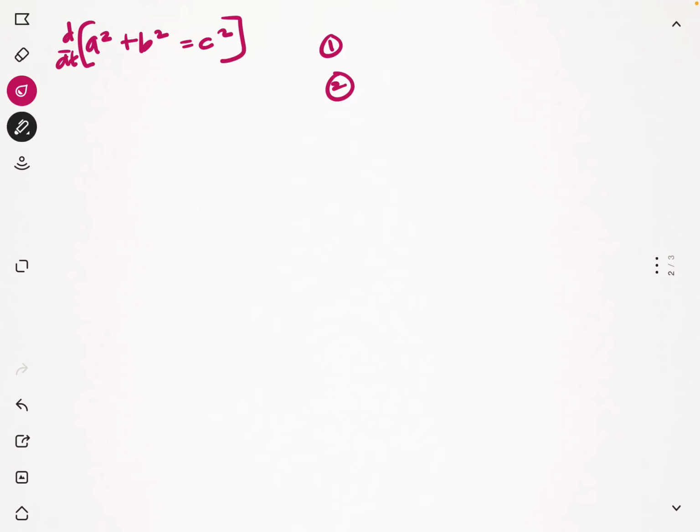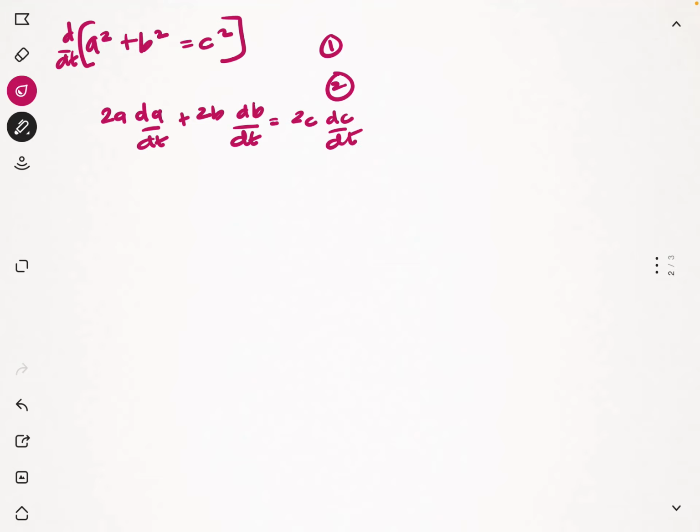So we have derivative of a squared is 2a, and we have to remember to chain, dA dt, plus derivative of b squared, which is 2b, and then we're going to chain dB dt, and then the last one, same thing, derivative of c squared is 2c dC dt.